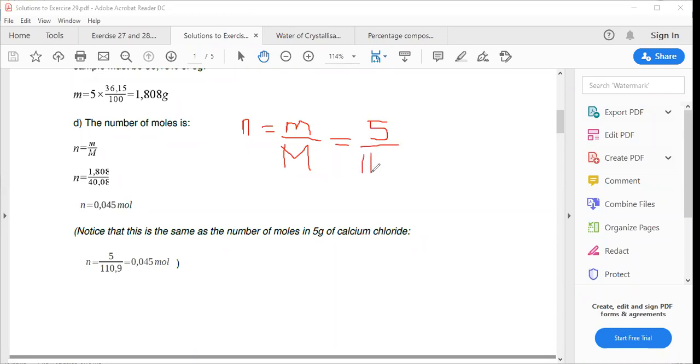For me, it's 111. For you, it might be 112, depending on your periodic table. Then you get your answer there. My answer is maybe 0.045. That's what I'm going to get. Okay?